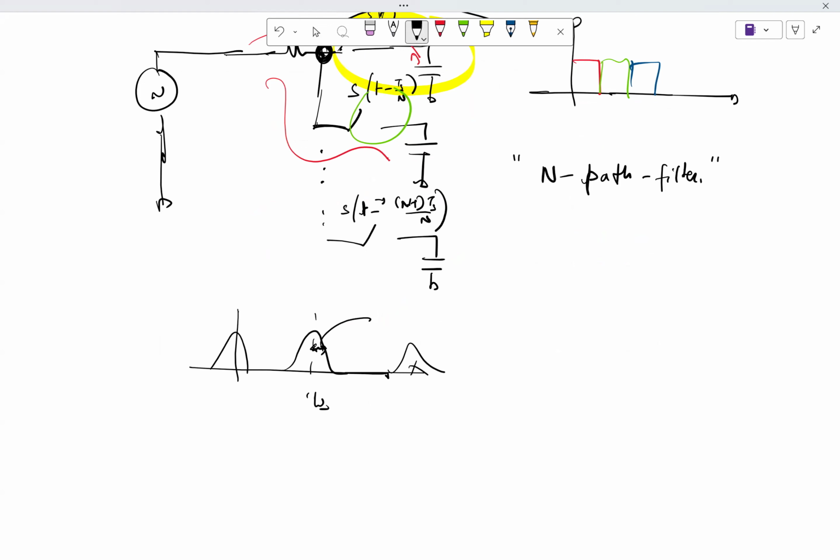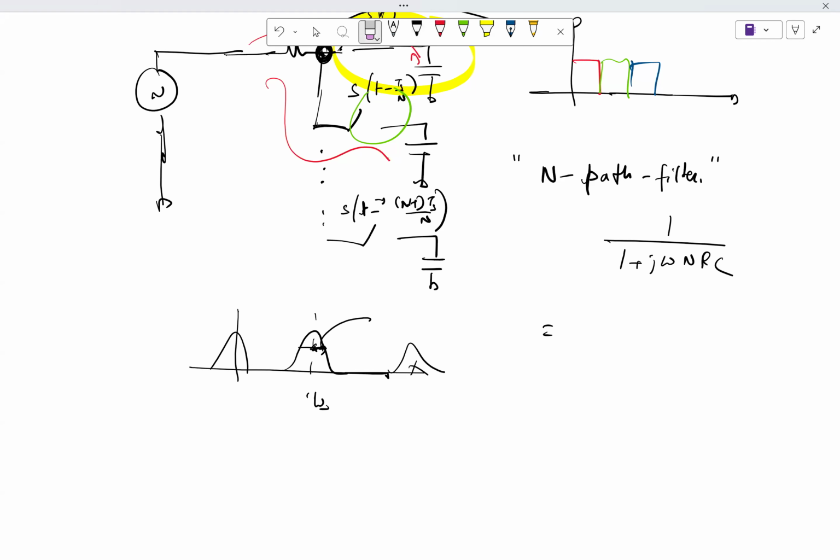This one-sided bandwidth is 1 by NRC, correct? Two-sided is 2 by NRC, right? So your Q factor is? It would be 1 by NRC. Sorry. Okay. Correct. So this thing was 1 plus j omega NRC, right?